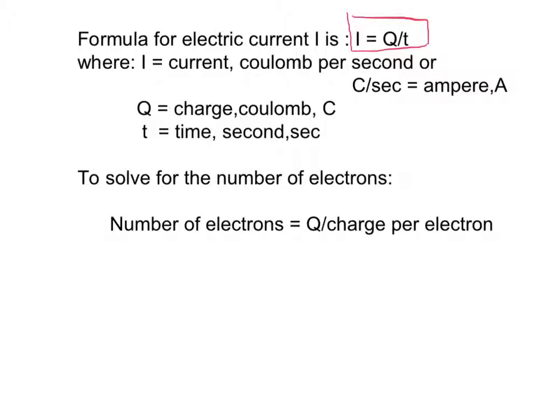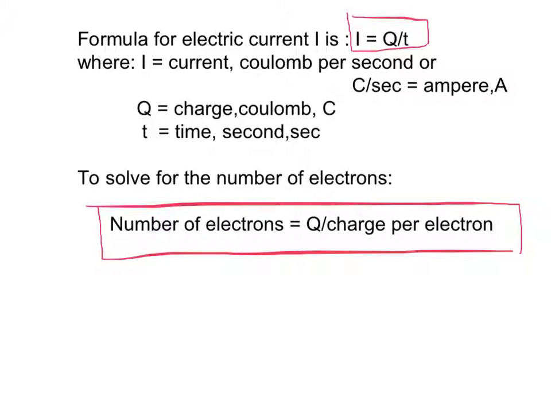If we know the charge, it is also very easy for us to determine the number of electrons that is present. So in effect, this here is the equation that you will use if you will be asked to solve for the number of electrons. You simply divide the charge, which is given, by the charge per electron. Now what is this quantity?